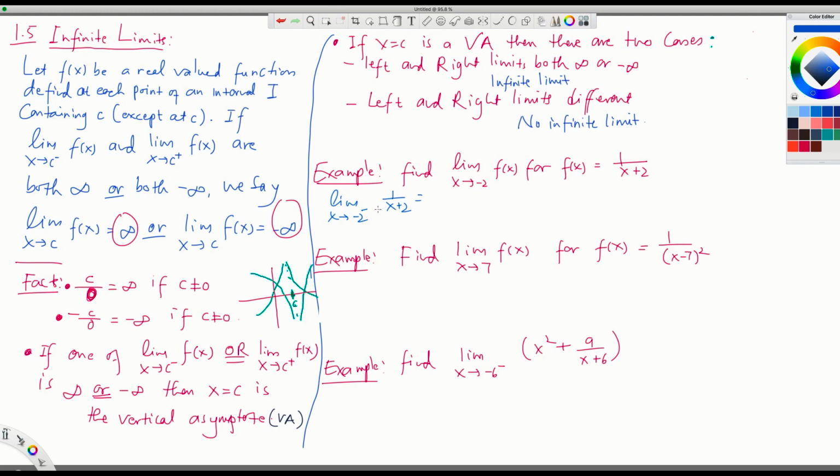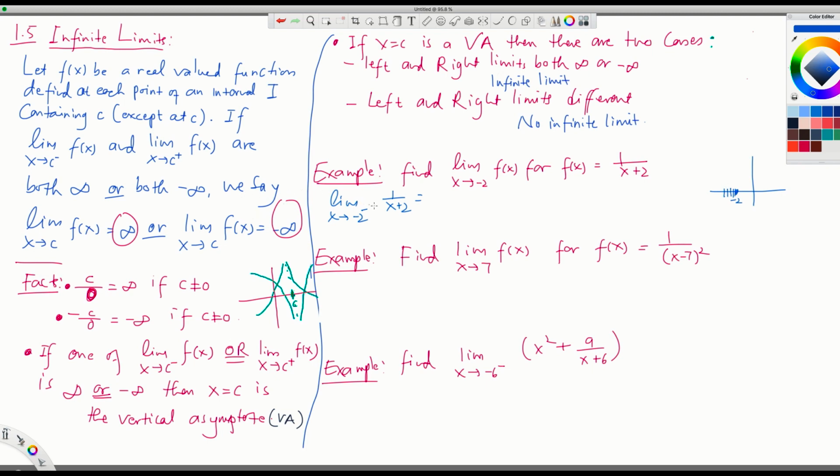So you will get, for example, negative 2.1, negative 2.01, negative 2.001, like that. You are going to negative 2 from the left: negative 2.5, negative 2.4, negative 2.3, negative 2.1, negative 2.01, negative 2.001, and so on.